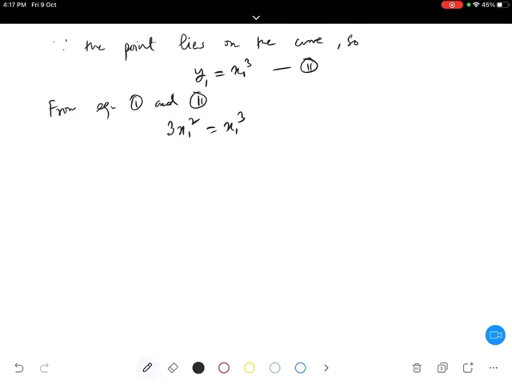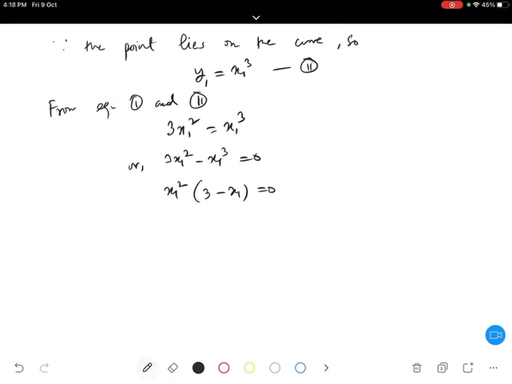So one point is 0,0 and the other point is 3,27. That's my answer. We needed the points, we don't have to find the equation of the tangent. So those are the two points we were asked to find. Okay, clear?